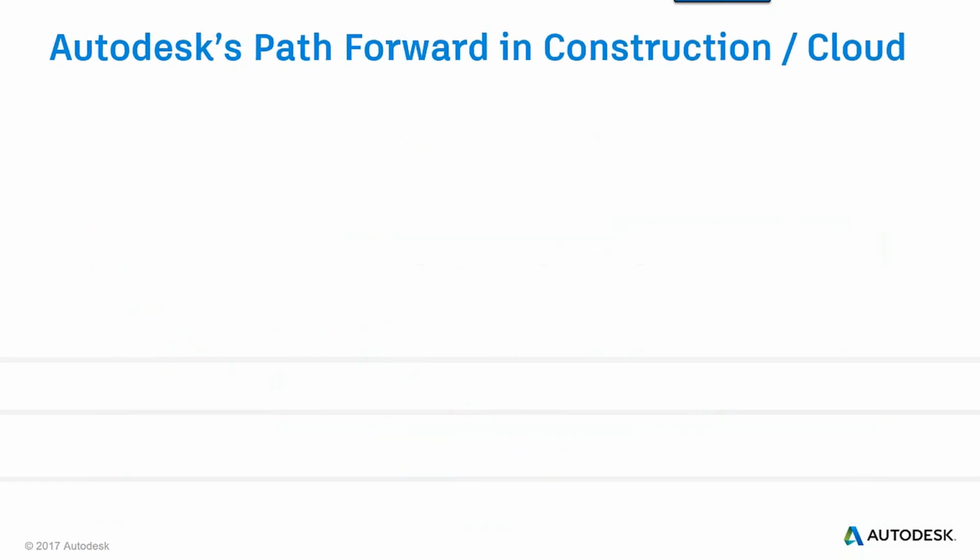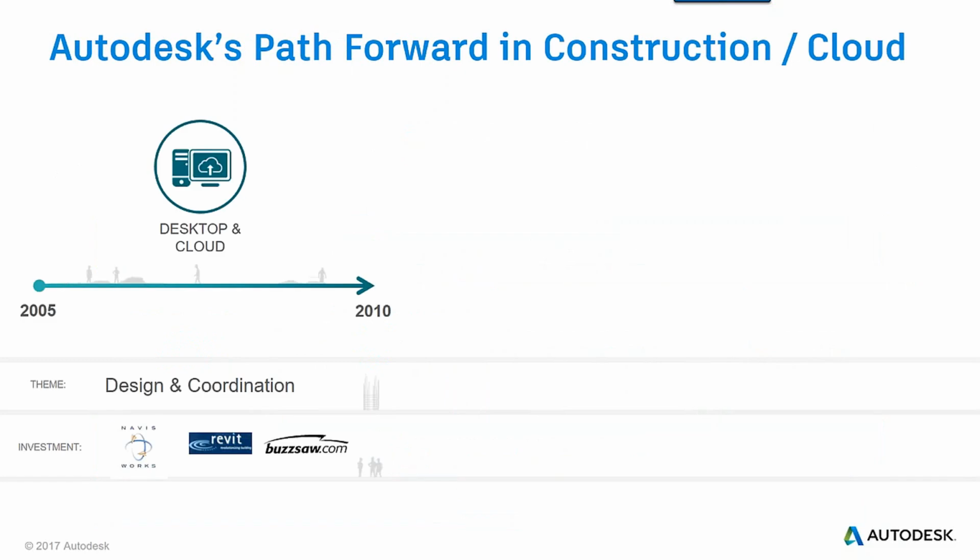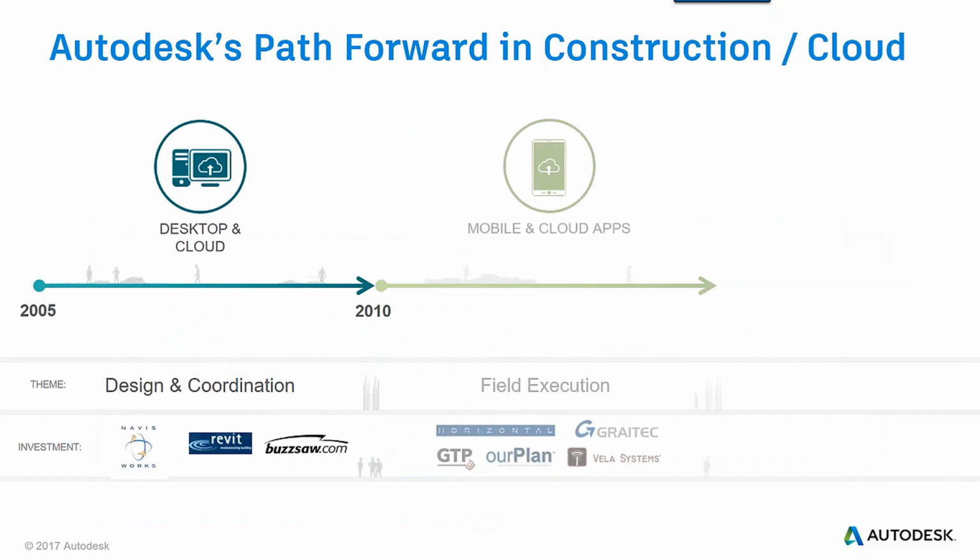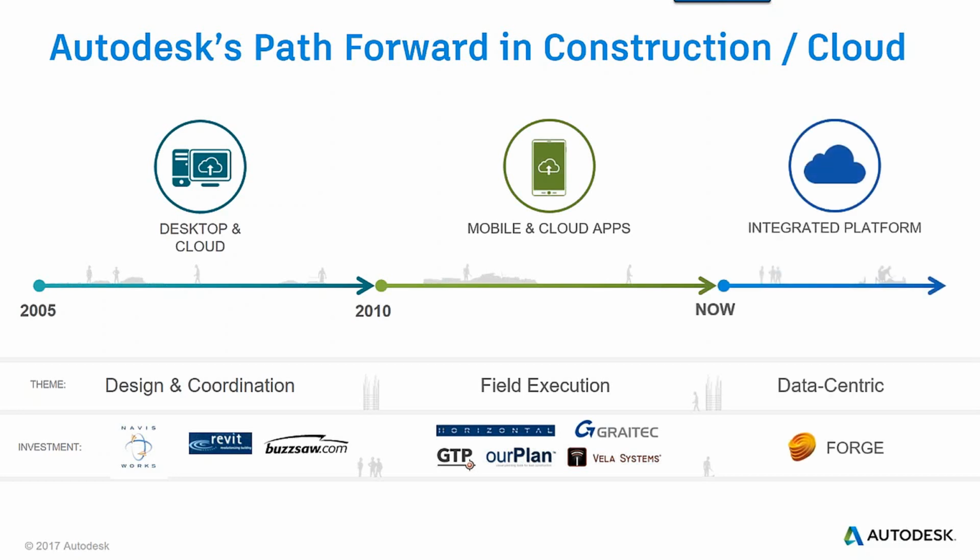If we look at the history a little bit in the past, Autodesk invested heavily between those dates in the desktop and cloud environment. We then started to introduce a few more mobile apps and cloud apps, and now Autodesk is focusing on integrating all that data from the desktop applications and the cloud applications into one integrated environment.